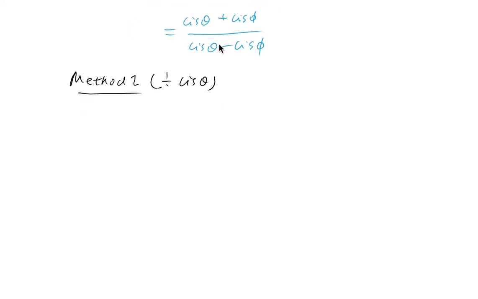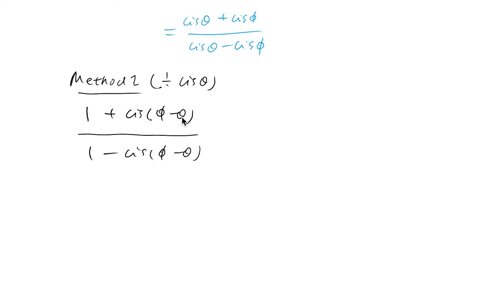So we just get 1 plus cis (phi minus theta), because cis phi divided by cis theta is just cis (phi minus theta), divided by 1 minus cis (phi minus theta).